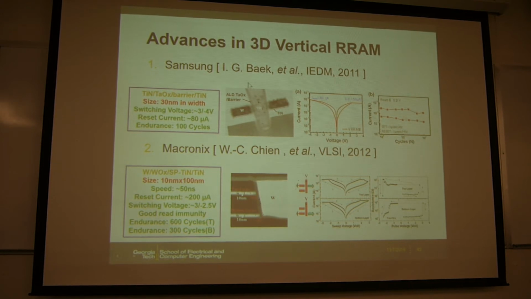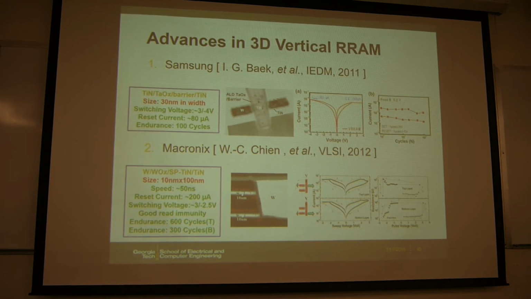And here are some examples from the companies. You basically have this vertical electrode and then deposit the oxide using ALD, atomic layer deposition, to cover the sidewall. And then you can have the electrode surround the pillar. So it's like a gate-all-around structure.